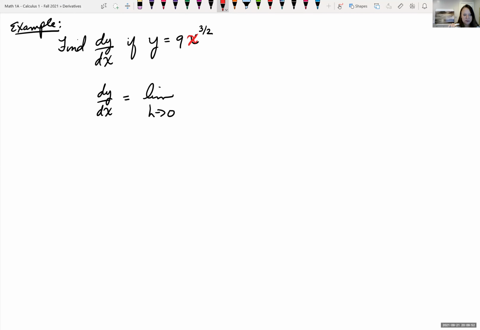So let's plug in x plus h wherever we see an x, and we would have 9 times parentheses x plus h, all raised to the 3/2 power, minus our y value, which is 9x to the 3/2, all over h.